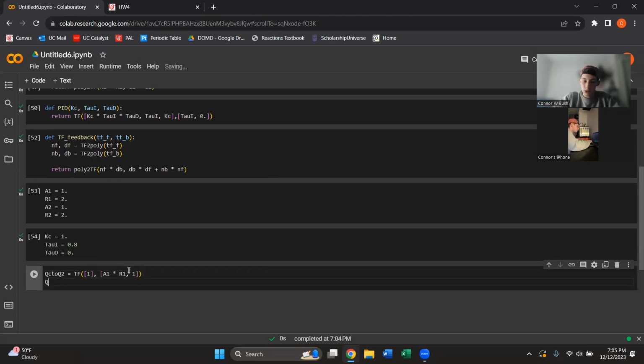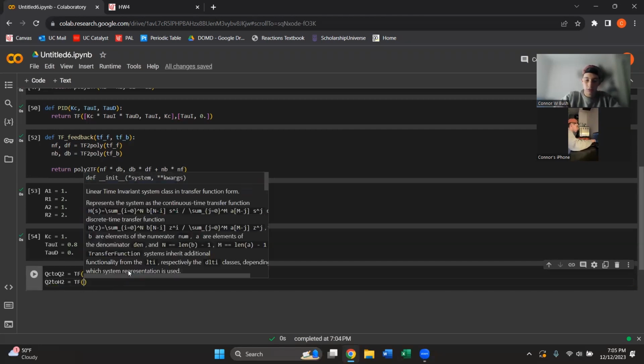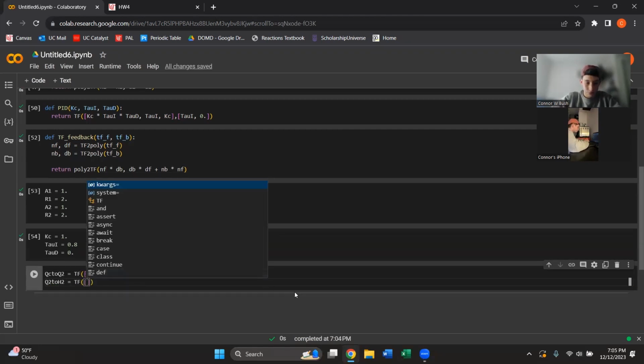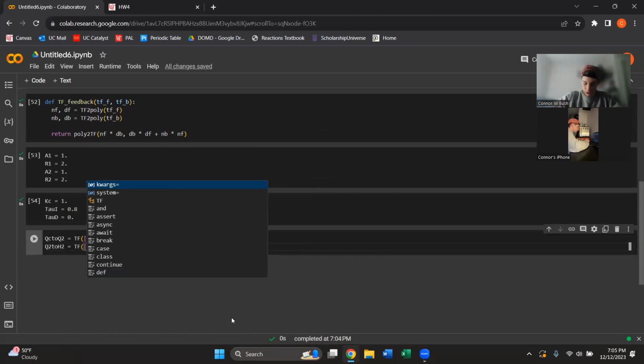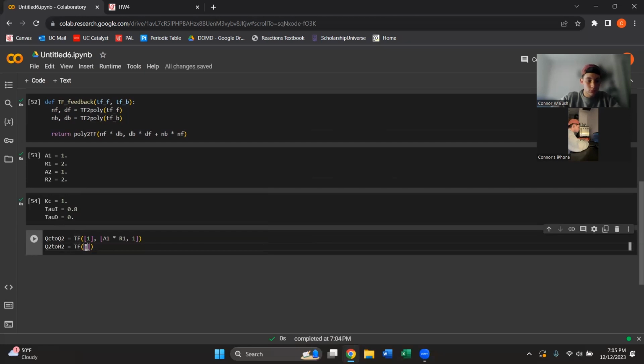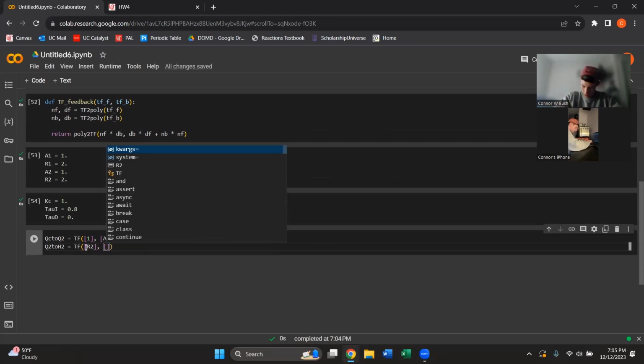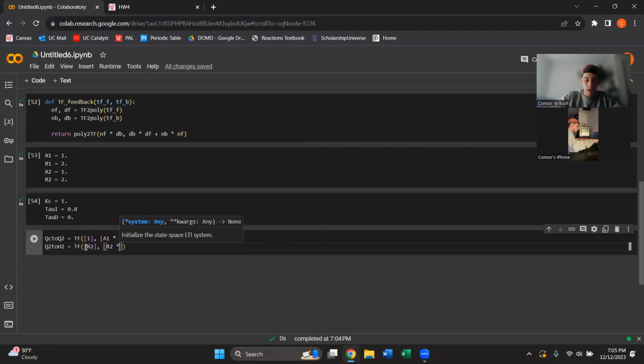And then from Q2 to H2, that's another transfer function. That one is just our R2 in the numerator, and then our denominator is R2 times A2, and then plus 1, so there's that one.